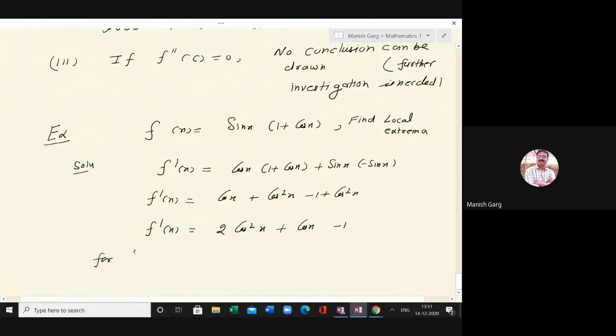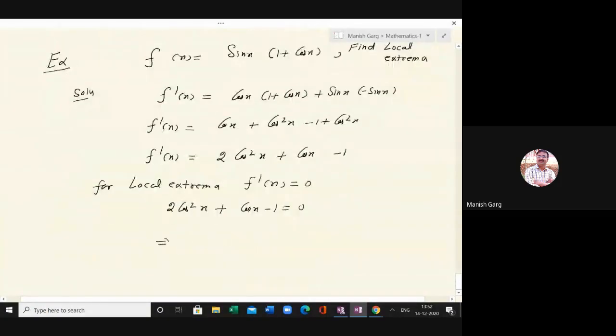For local extrema, f dash x should be 0: 2 cos square x plus cos x minus 1 is equal to 0. If you solve this, it becomes (1 plus cos x)(2 cos x minus 1) is equal to 0.